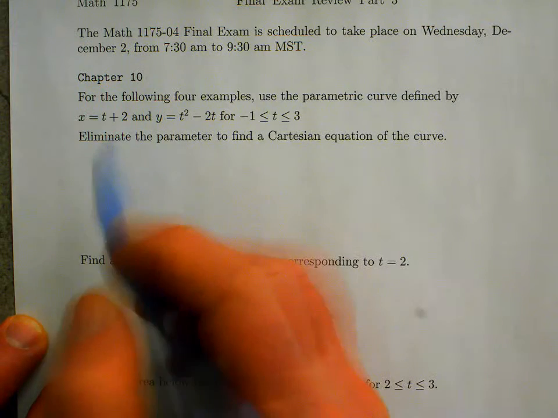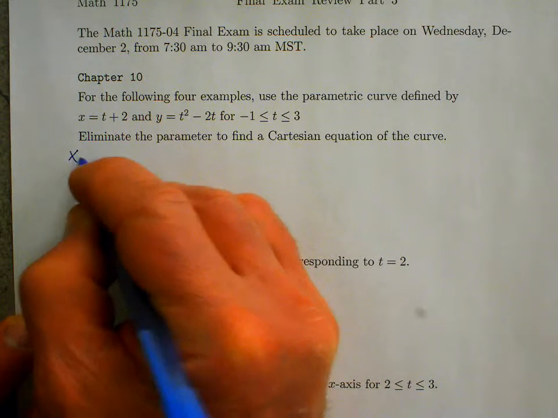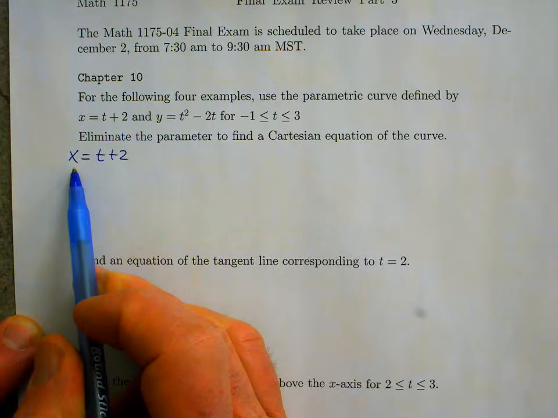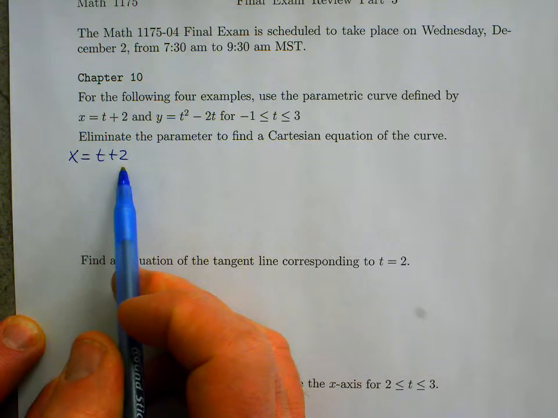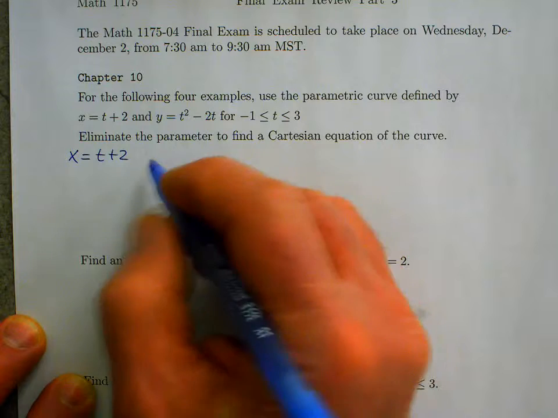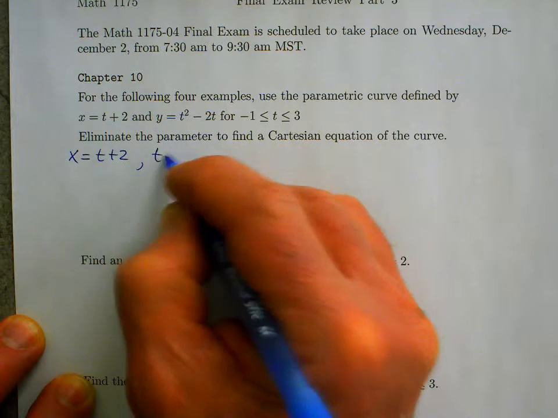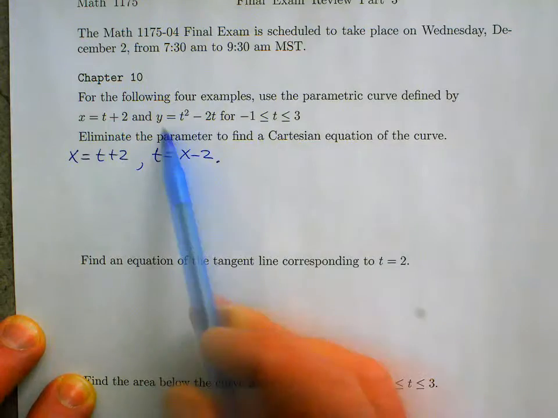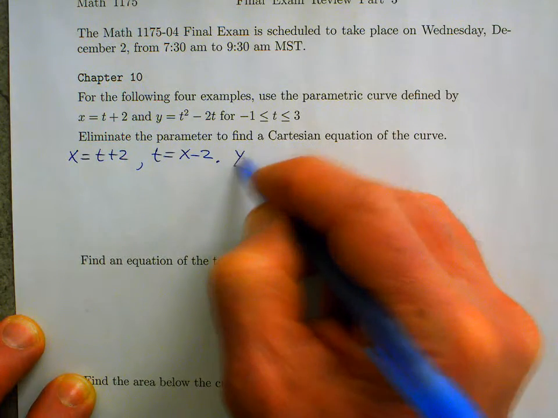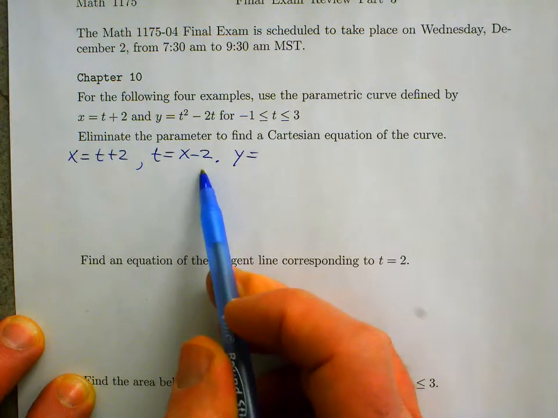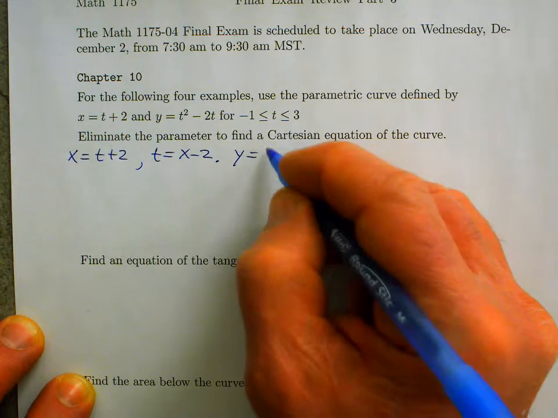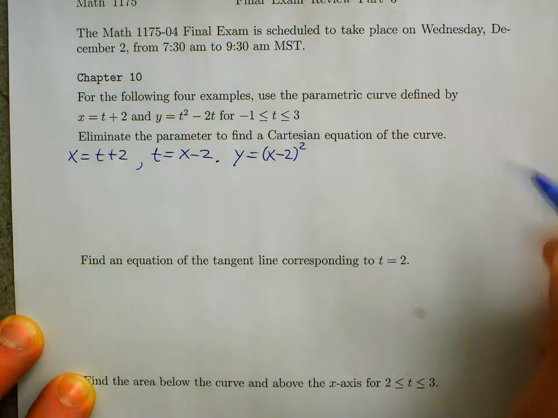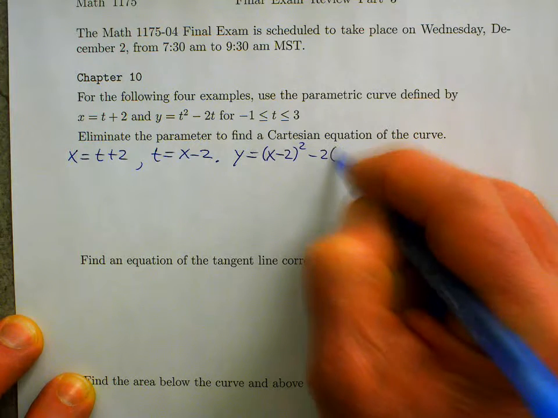So it looks like the easiest thing to do is solve this equation, x equals t plus 2, for t. So t is equal to x minus 2. And then in the other equation, replace t with x minus 2. So we get y equals (x minus 2) squared minus 2 times (x minus 2).